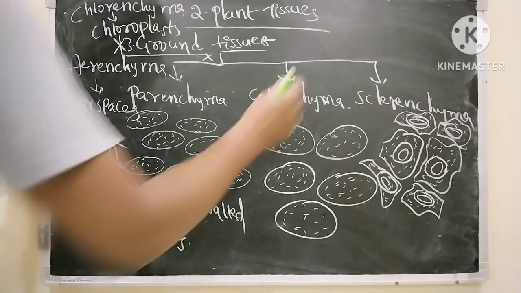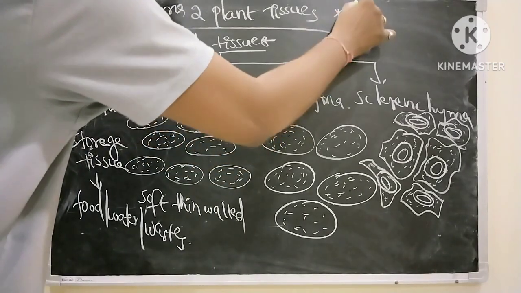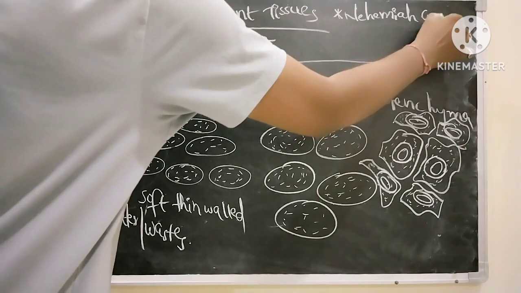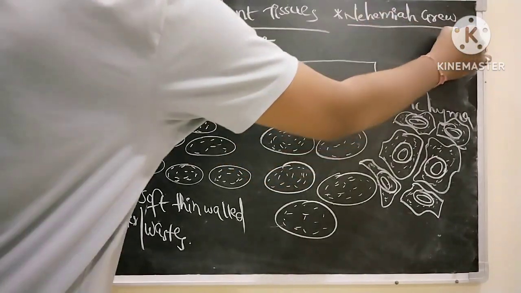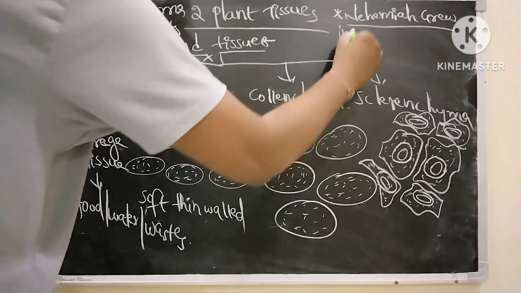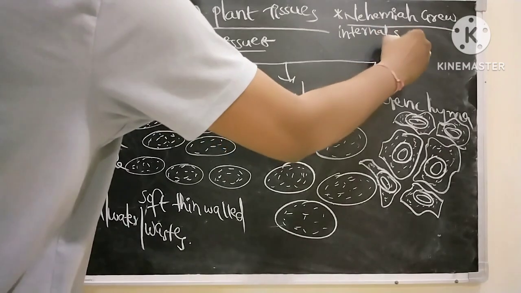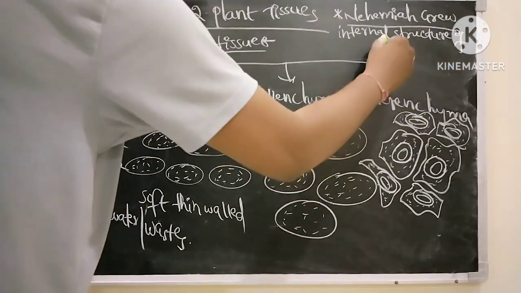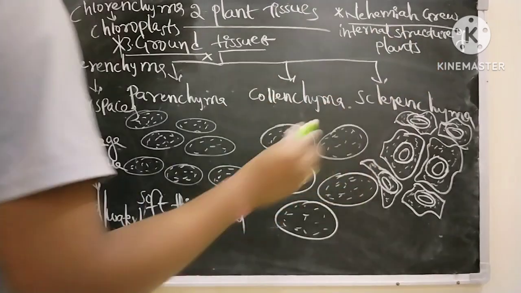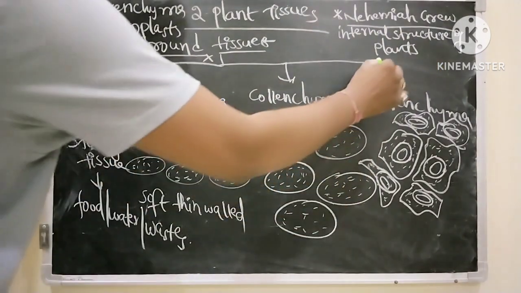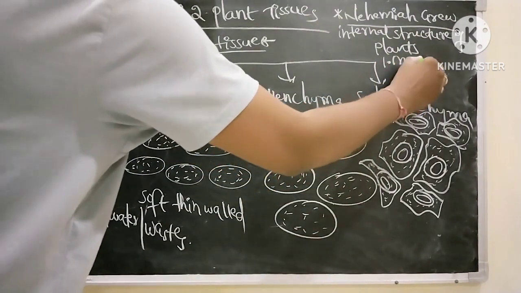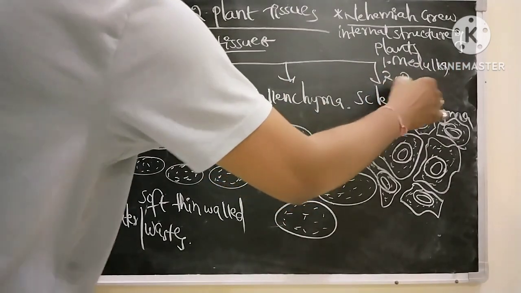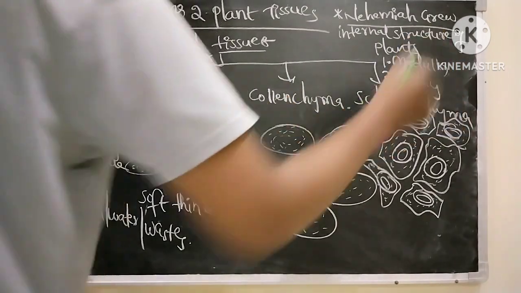Next, a famous person called Nehemiah Grew studied the internal structure of plants, and he said that every plant body has two parts: one is called the medullary part, the other the pithy part.